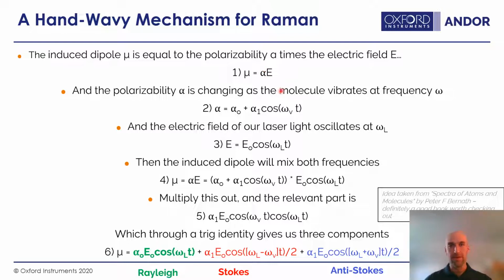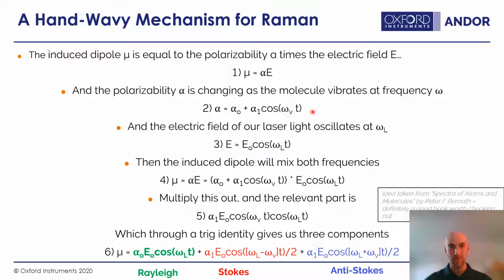That's only to say that there's some proportionality between dipole and electric field, symbolized by alpha. The polarizability alpha now is not steady state. It's changing as the molecule vibrates at frequency omega. So we're going to open up alpha and give it a steady state, constant part, and a small component, alpha sub 1, that changes with the cosine of time at this frequency.